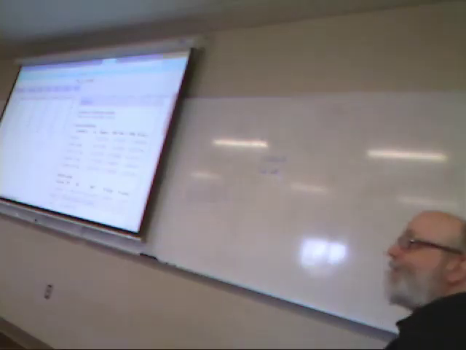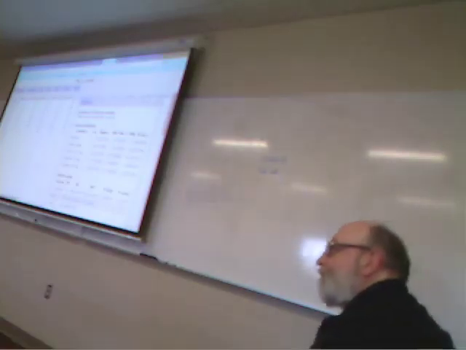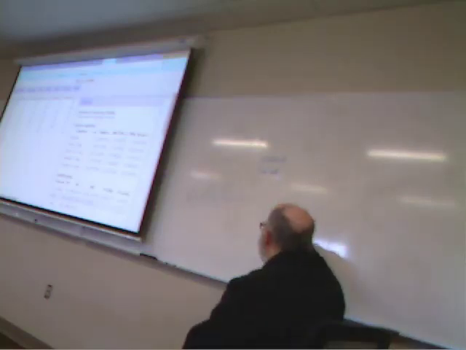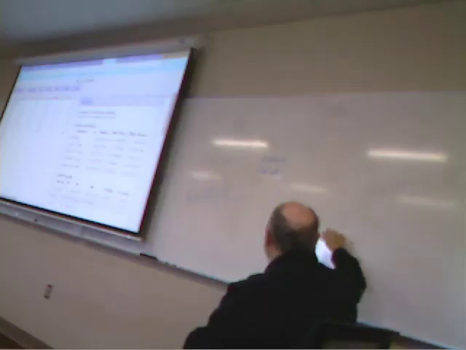Alyssa, can you tell me the decision rule for p-value tests? Less than the confidence, alpha, then reject. Reject what? The null hypothesis. And what happens if I reject the null hypothesis?